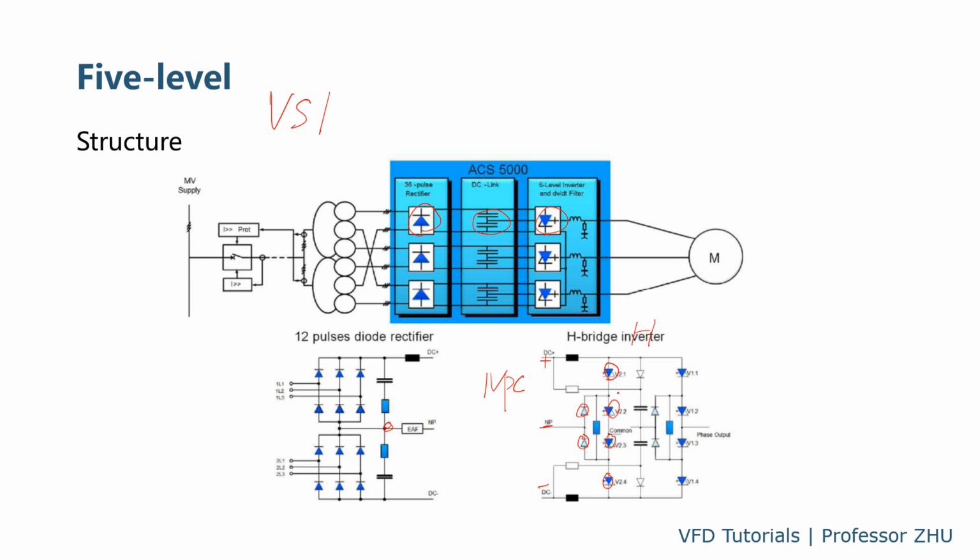So each phase, the output is 3 level. So one cell is 5 level. Each phase is 0, plus minus VDC. So line to line, the output of a cell is 5 level.